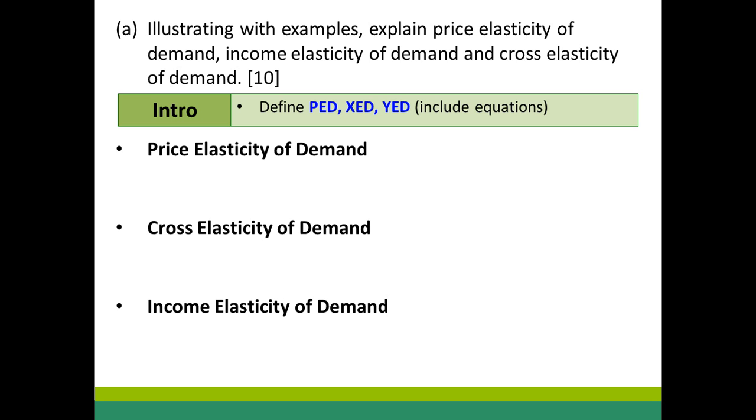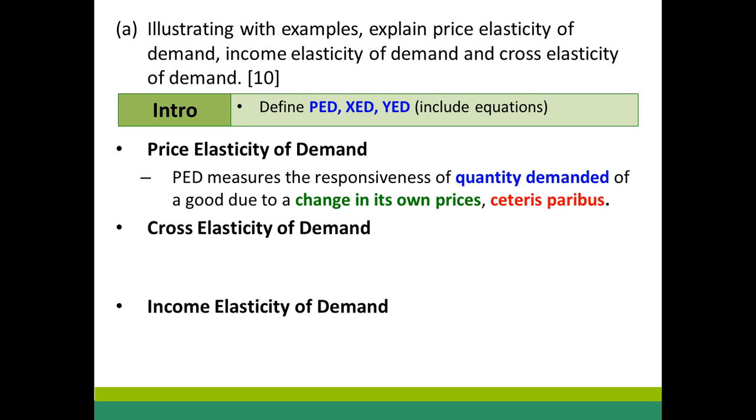In the intro, you define PED, XED, YED. So I believe you can find this in the lecture booklet. PED basically measures the responsiveness of quantity demanded of a good due to a change in its own price, ceteris paribus. Okay, I want you to take note of all the colored and bolded words and phrases in this definition, because you need to have it for a full definition.